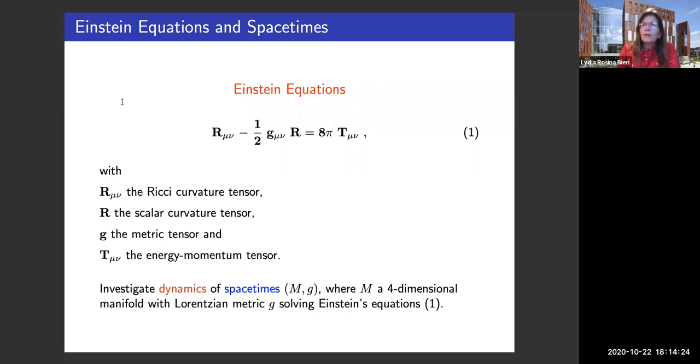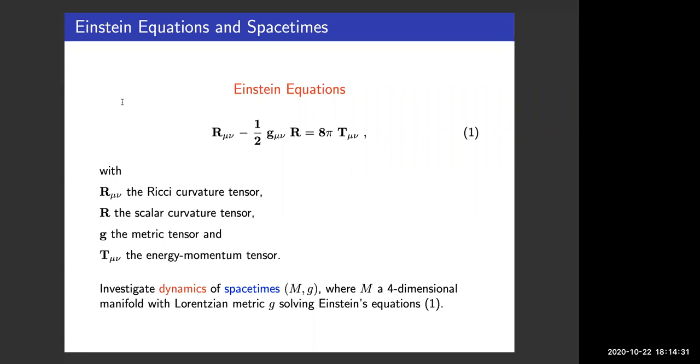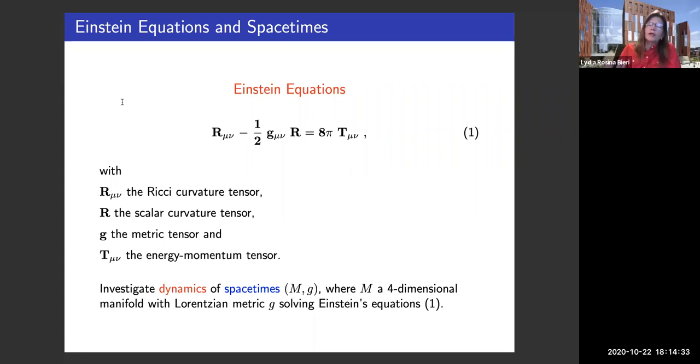Maybe just to explain briefly, if you think of a sphere, it has Gauss curvature, and if you want to generalize this intrinsic curvature to more general manifolds with a lot of structure and curvature, you end up with the Riemannian curvature tensor with 4 indices that run from 1 to 4 if you are in 4 dimensions. If you take the trace of this Riemannian curvature, you end up with the Ricci curvature.